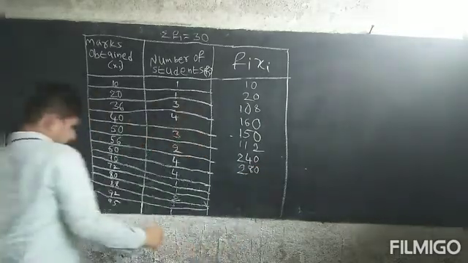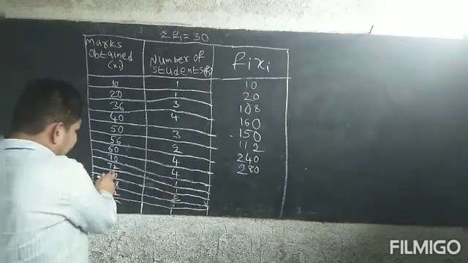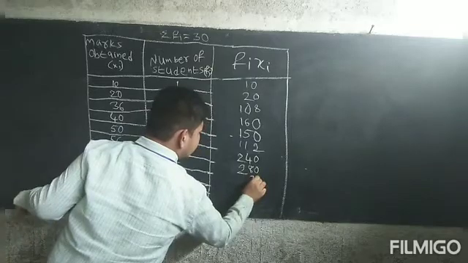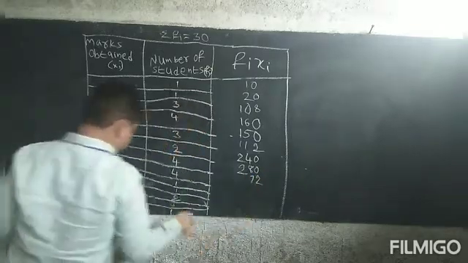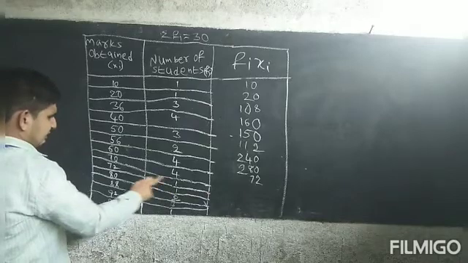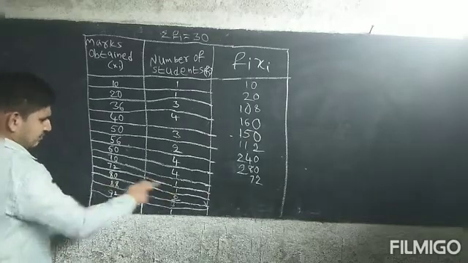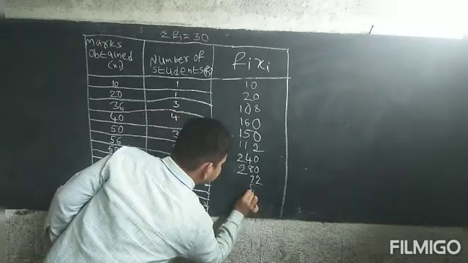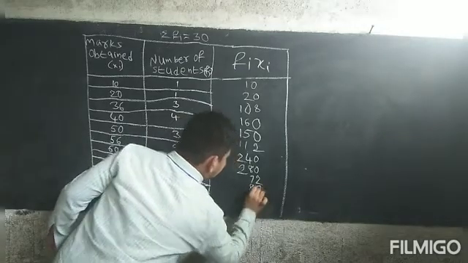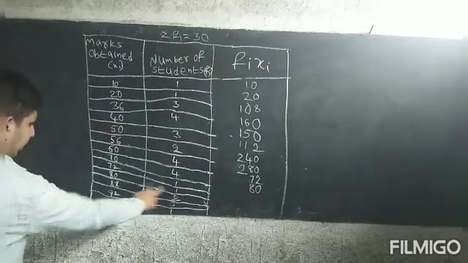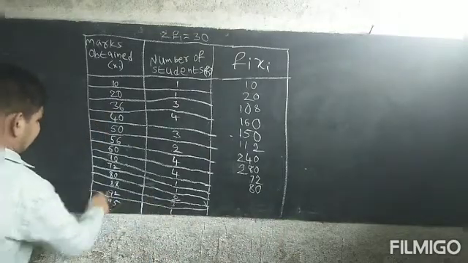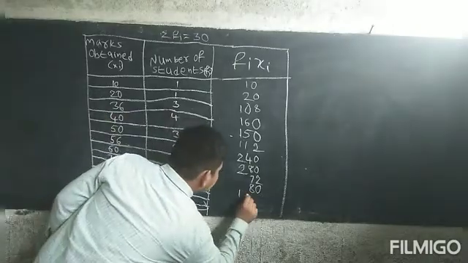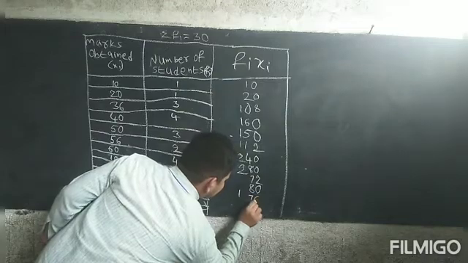Okay? Now 72 into 1, 72. 80 into 1, 80. Now 88 into 2, 176.